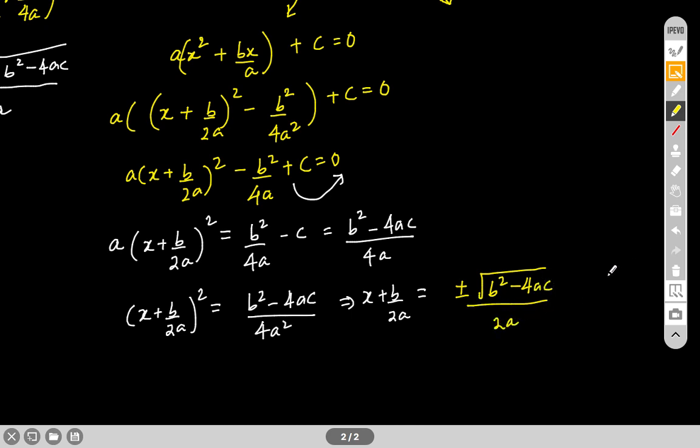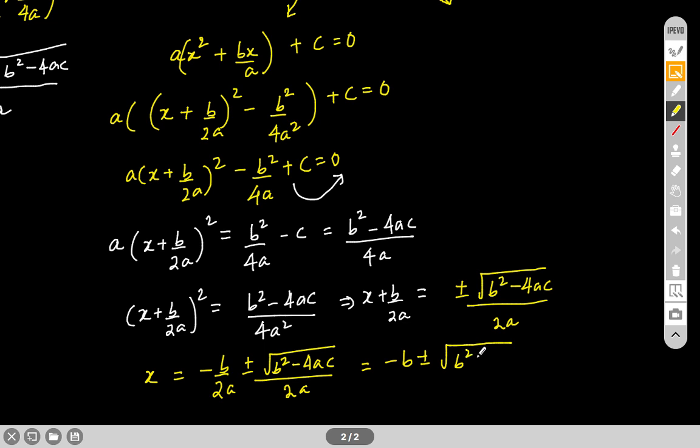Yes. So x can be written as minus b by 2a plus minus root of b square minus 4ac by 2a. That is nothing but minus b plus minus under root b square minus 4ac by 2a. Is that fine? This is how you get the formula.